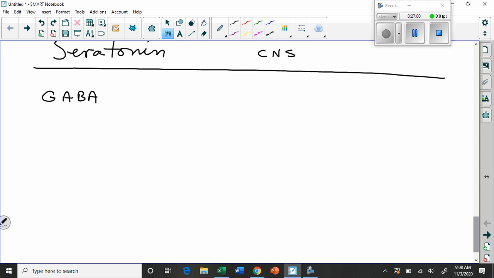GABA, which stands for gamma aminobutyric acid, but we're not going to worry about that. And it's a central nervous system one. It's also at the neuromuscular junction. And we're going to talk in a minute about how there's two roles that these neurotransmitters can play.